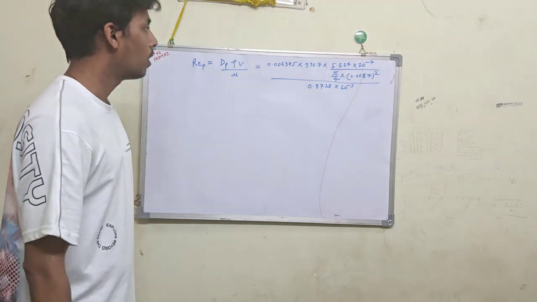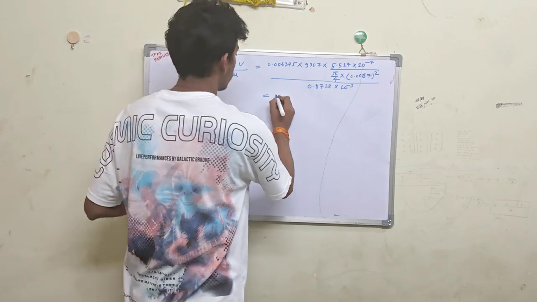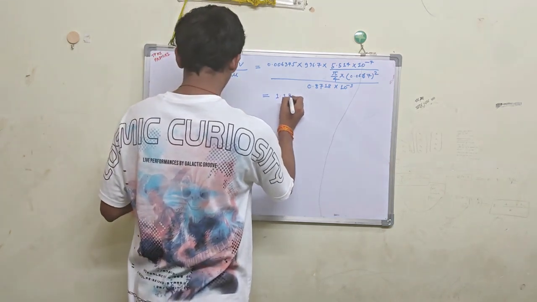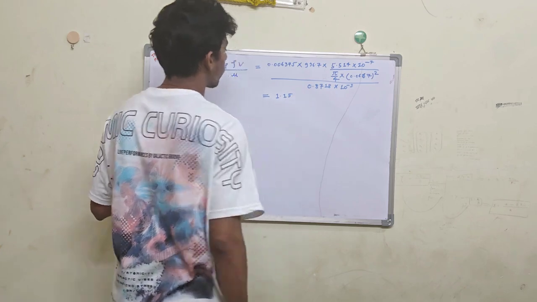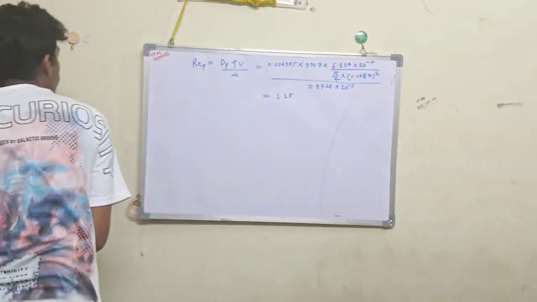If you put all the values correctly into the calculator, you will get the Reynolds number as 1.15. So let's write this value of the Reynolds number in one corner.